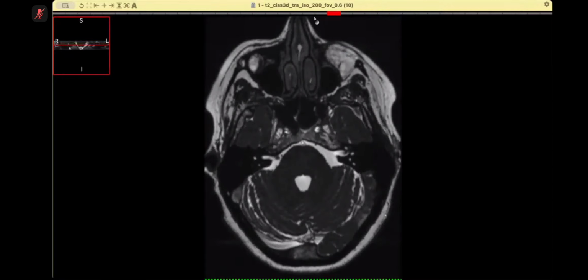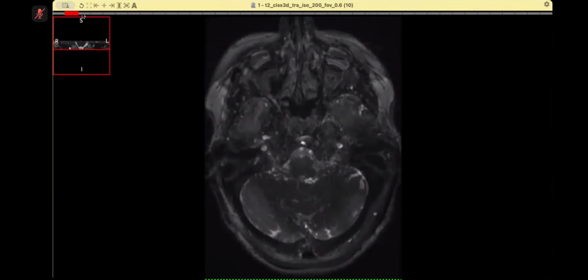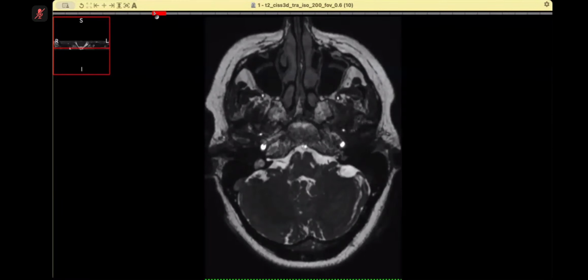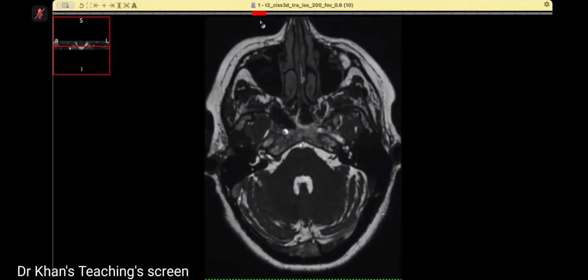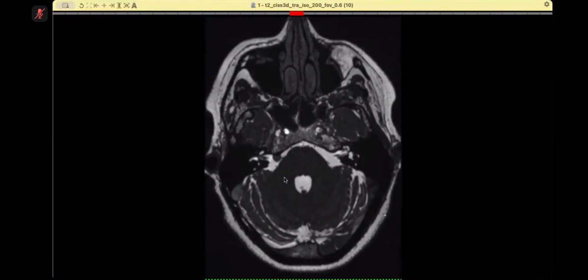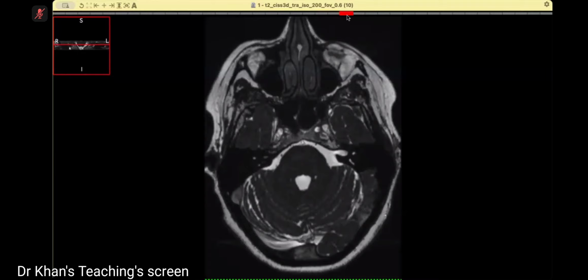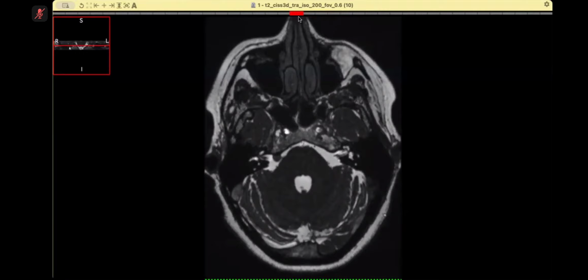So I'm provided with this protocol. I'll scroll from the top to the bottom.